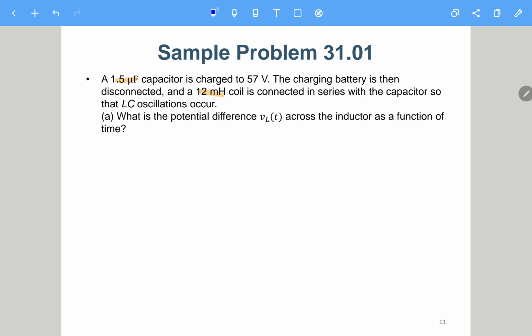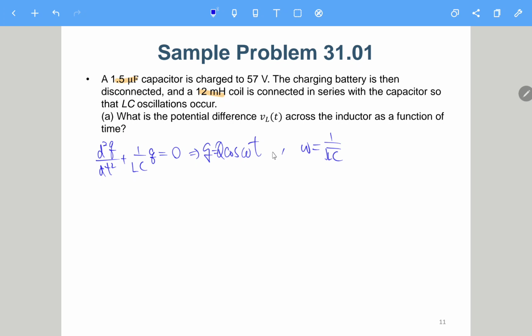Of course we should have d2q/dt2 plus 1 over LC times q equals 0. So we should have q equals capital Q cosine of omega t, where omega is 1 over square root of LC.